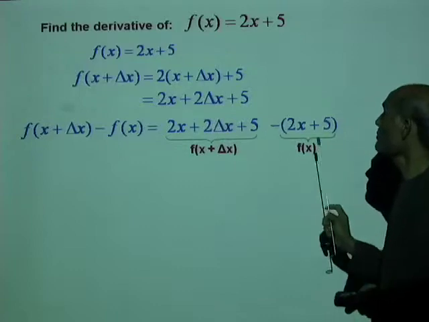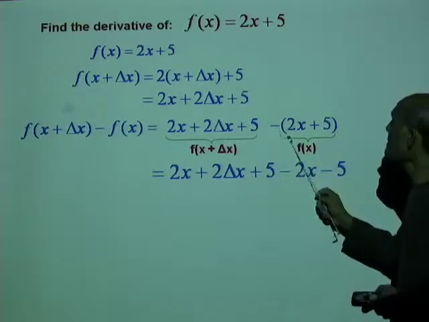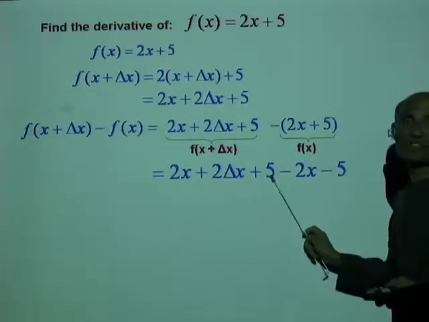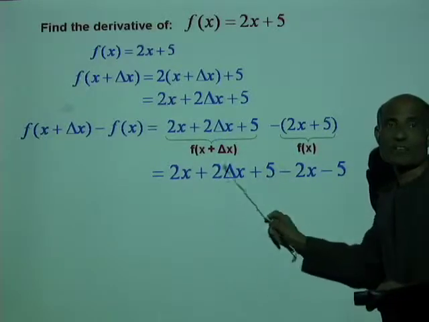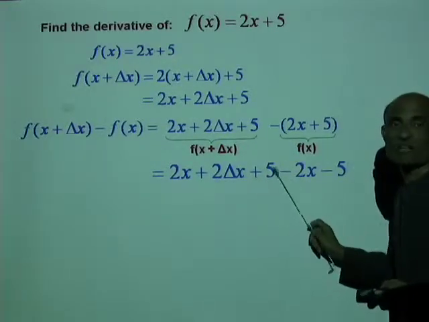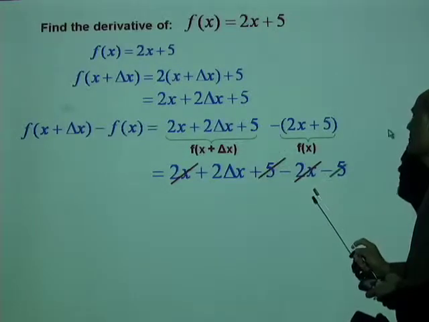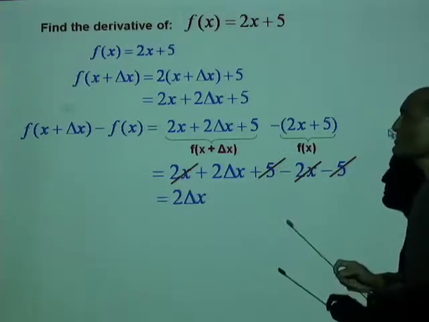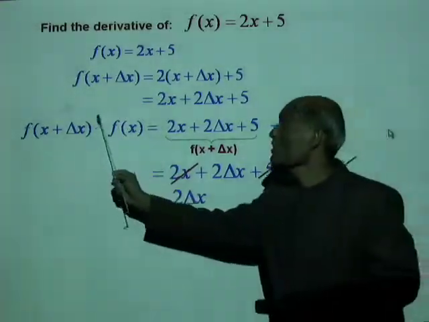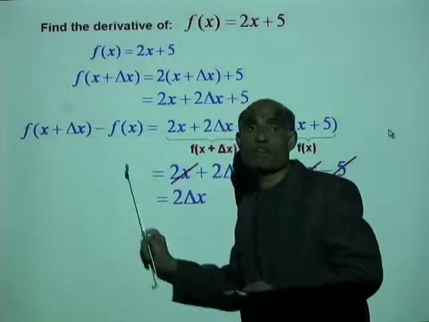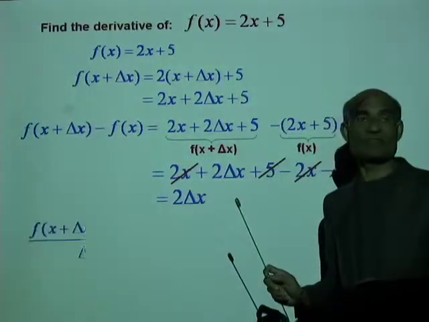Now simplify this, distribute that negative sign, you get this. And you notice 2x minus 2x plus 5 minus 5 will go. What is left? That's equal to 2 delta x. So the change in the function value is 2 delta x.